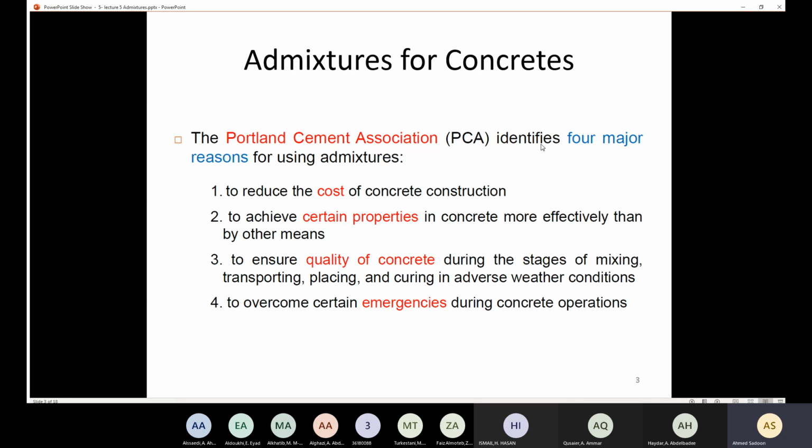They specified 4 major reasons for that. The first reason for using admixtures is to reduce the cost of concrete construction. Since we are going to improve some properties of the concrete, that may help us to save some money.